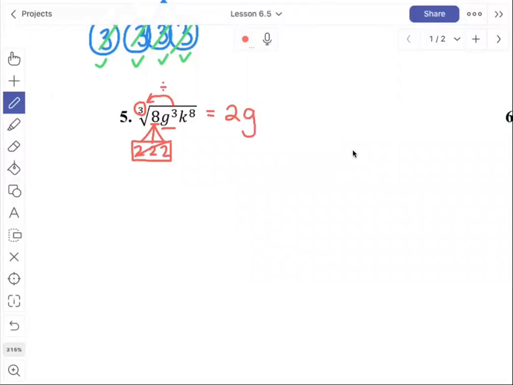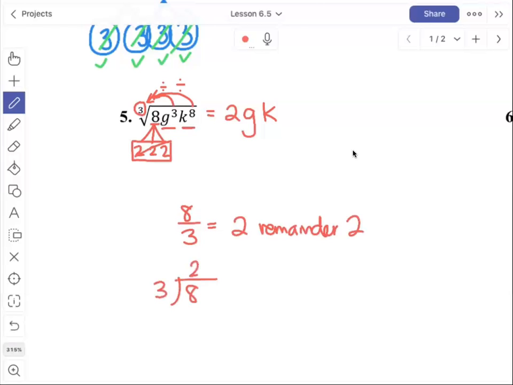All right, and then next, my k, I'm going to divide the index. Now when you divide the index, notice this time I don't get a nice even divide, I have a remainder. If I divide 8 by 3, this is 2 and a remainder of 2.